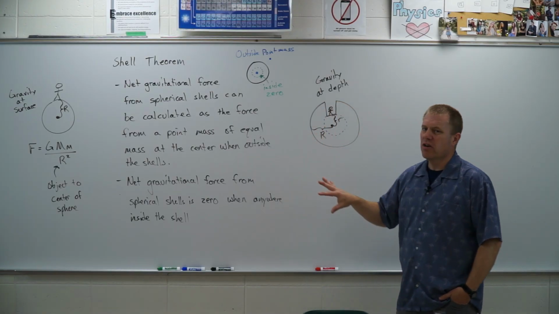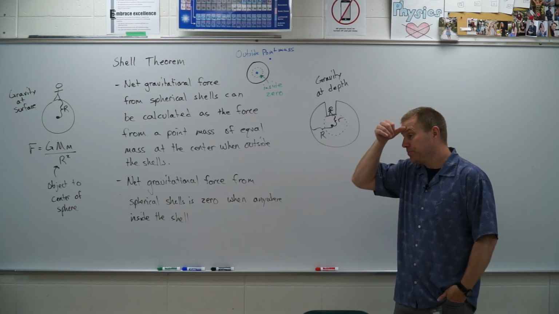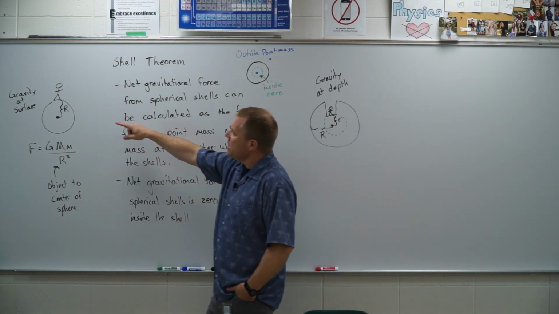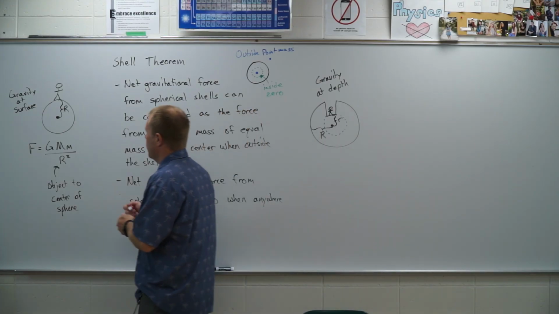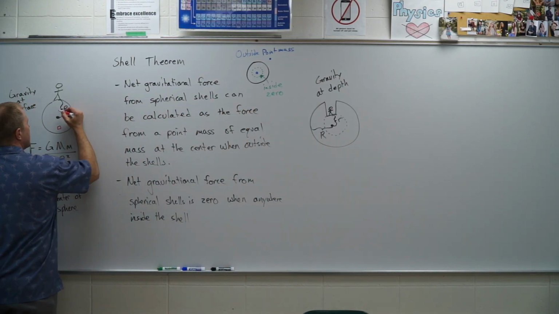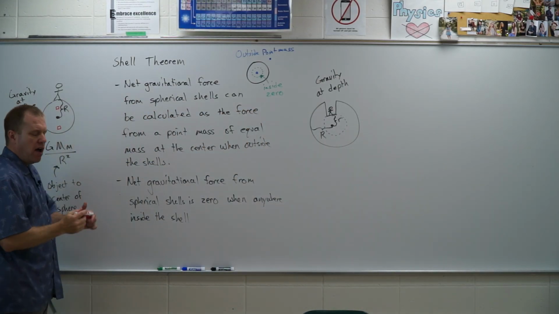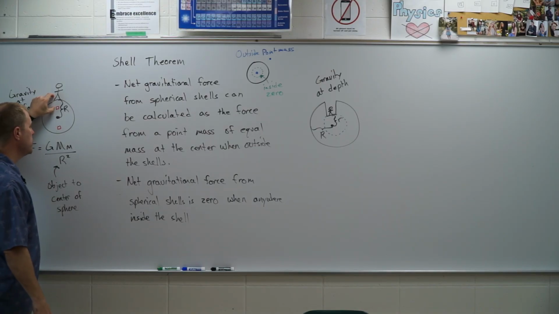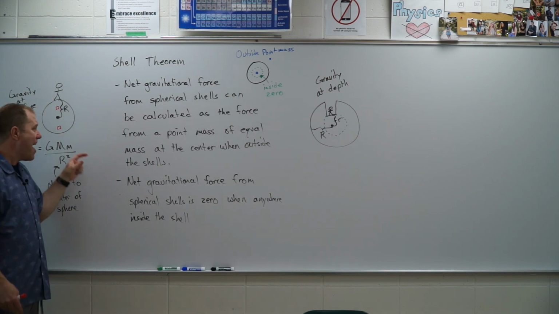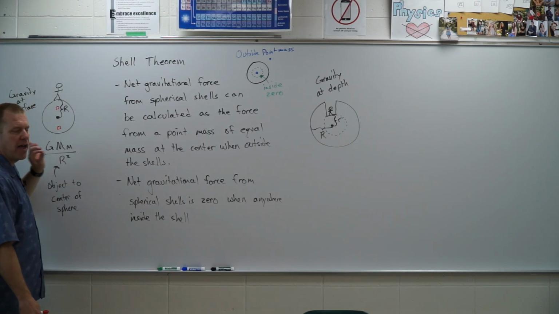And both of these theorems kind of go with the idea that if I'm thinking about these two chunks of mass, let me put a little mark on there for you. So this chunk of mass and this chunk of mass, this one's applying a larger gravitational force because it's closer to you, and this gravitational force is going to be smaller because it's further away, but they average out as if I put both of them in the center.